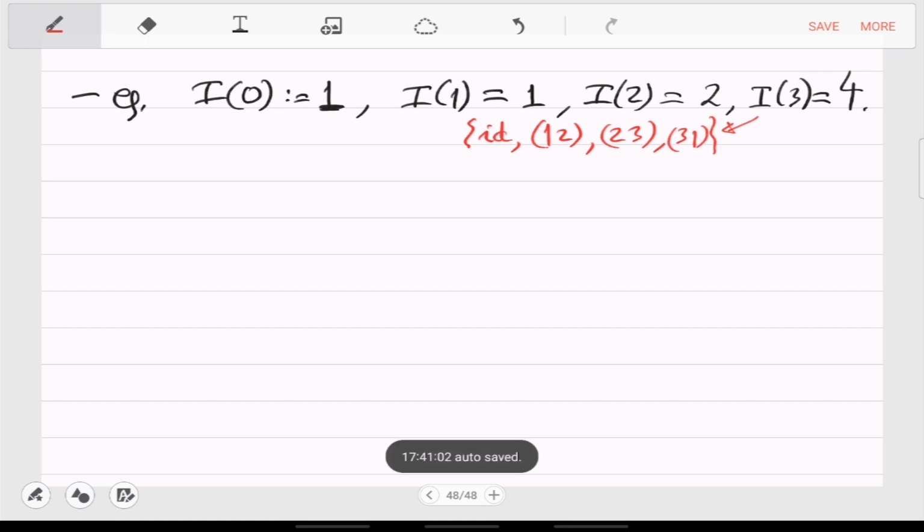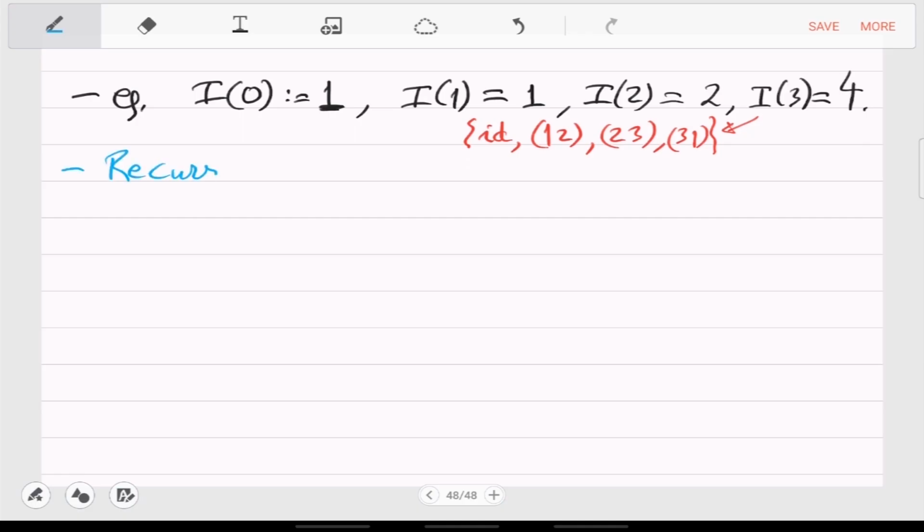Right? These are the 4 involutions. And everything else is a cycle, like 1 goes to 2, goes to 3, goes to 1, and so on.